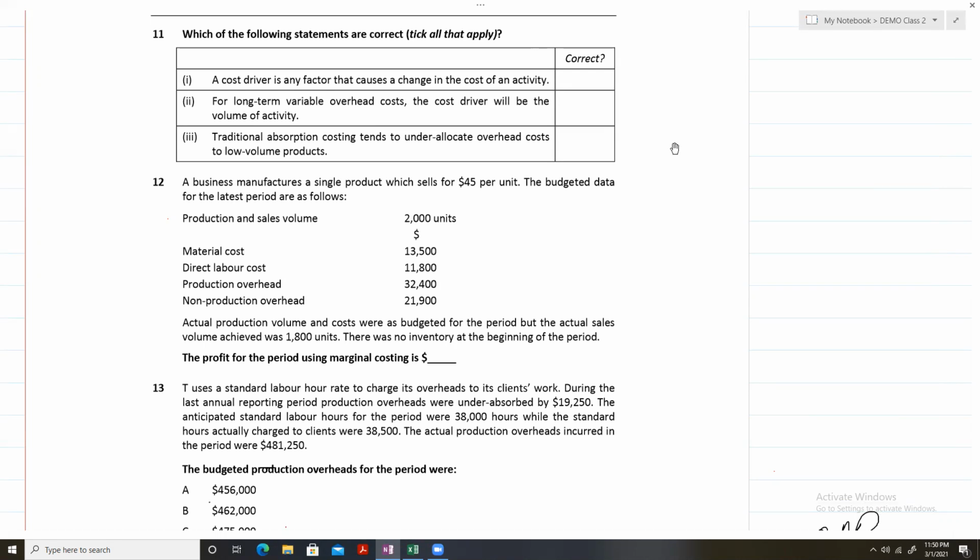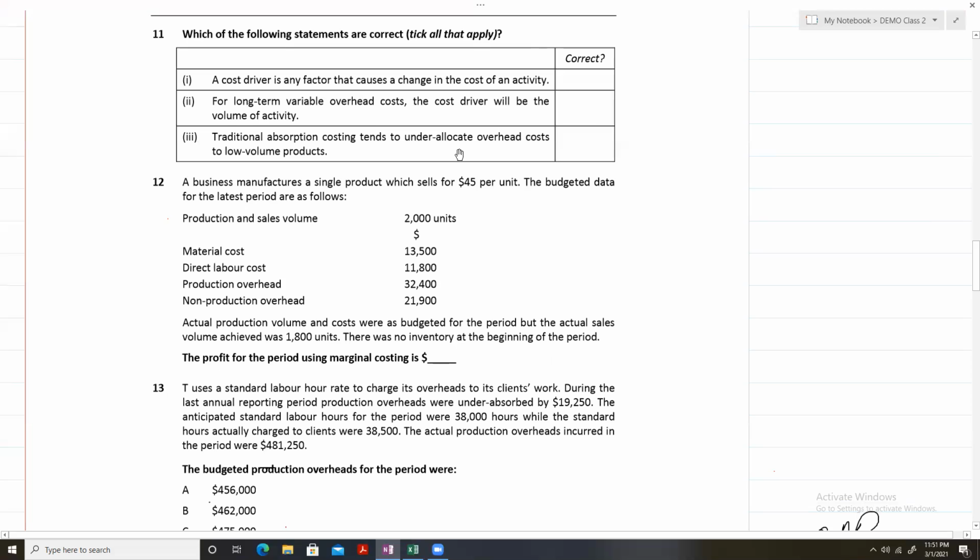This question requires you to calculate profit in marginal costing, not absorption costing. The same information is given. The only difference is that you need to calculate profit under marginal costing.